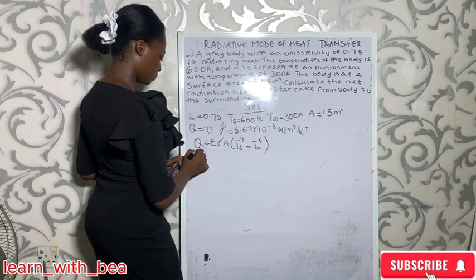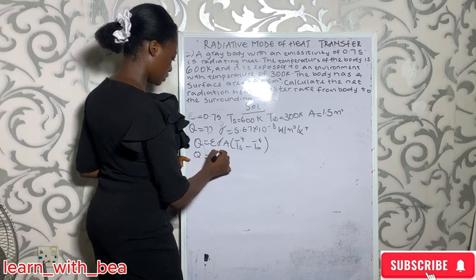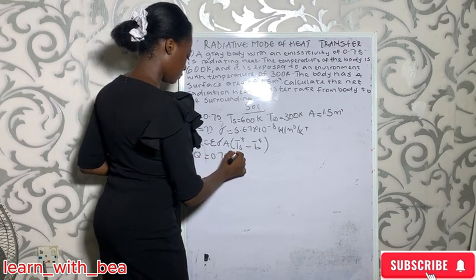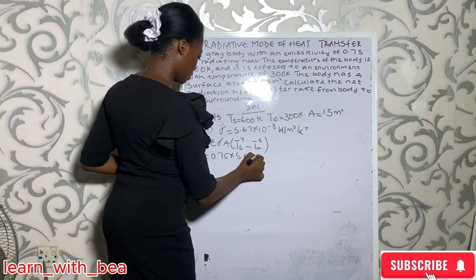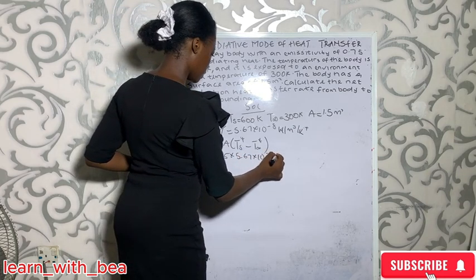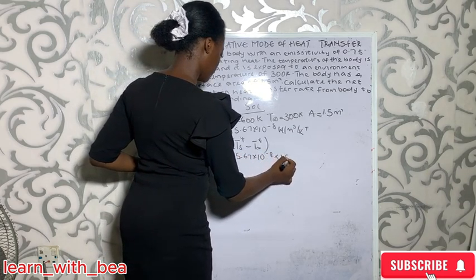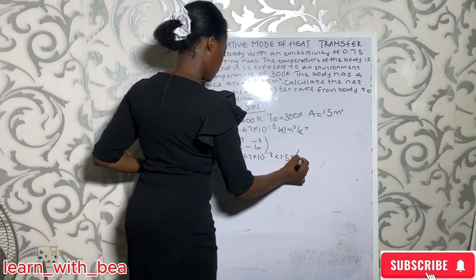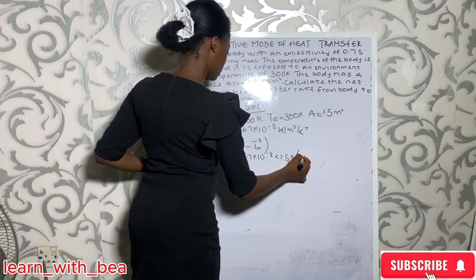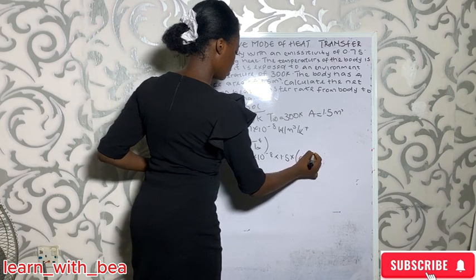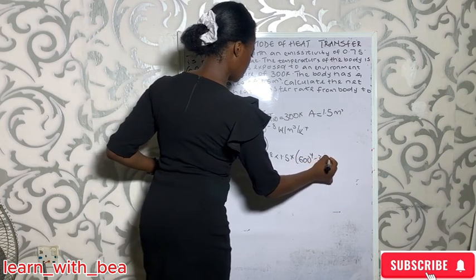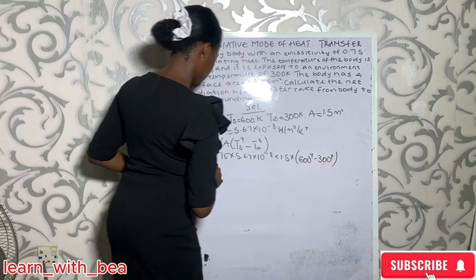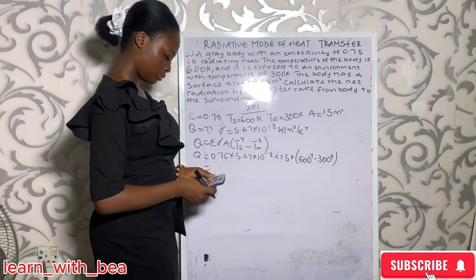So our Q now is 0.75 times 5.67 times 10 to the minus 8. What's the area? 1.5. Then 600 raised to power 4 minus 300 raised to power 4. So what's this going to give us?